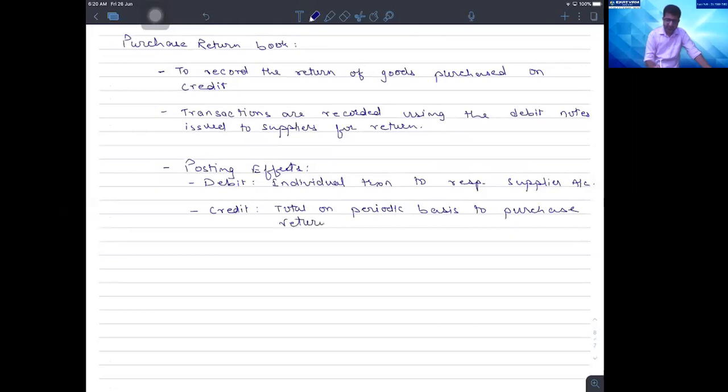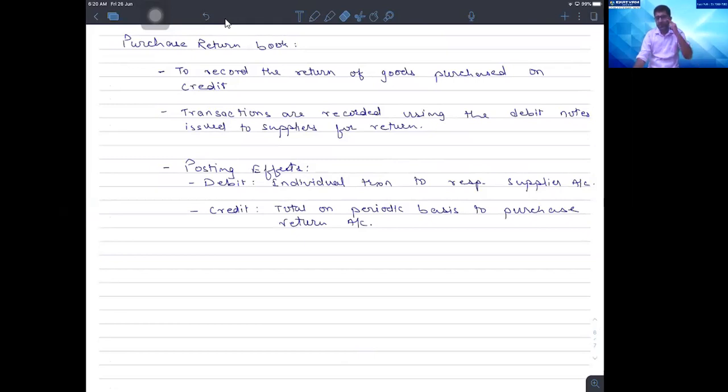To the purchase return account. This is how you are going to do the posting of your purchase return book. This is how you prepare your purchase return book. I hope you have been understanding this.